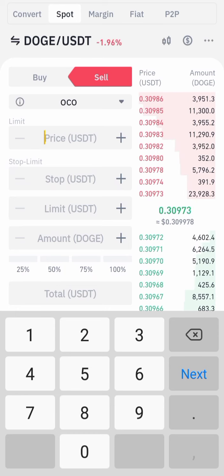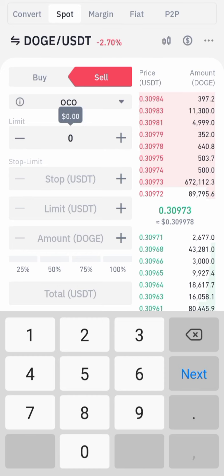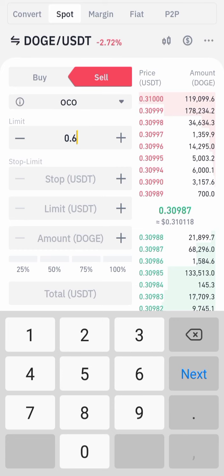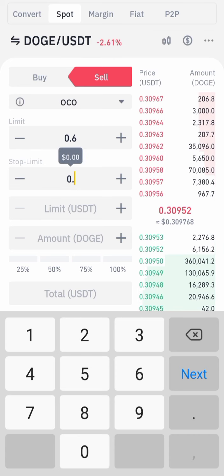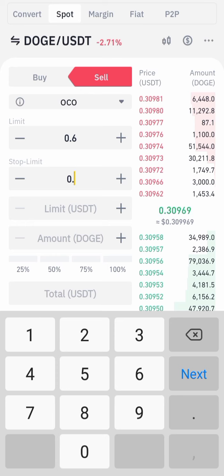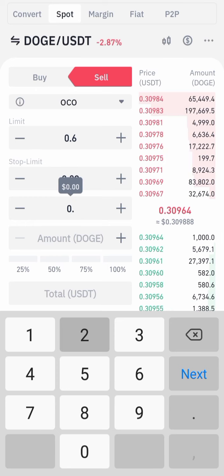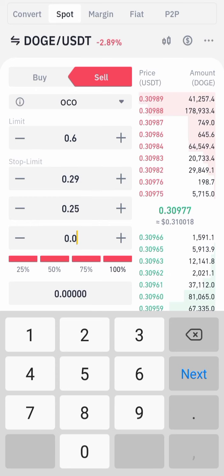So it's like a two-way order, where if the price goes in your favor above your entering price and your take profit target is, let's say, 0.6, and then still using the same stop limit we used earlier, 0.29 and the limit price at 0.25, same 100.